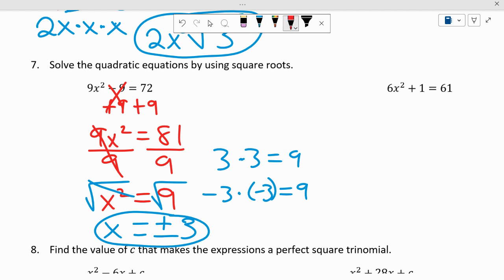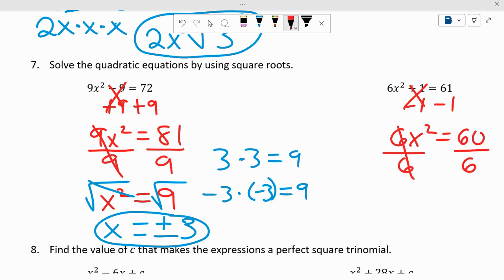And then this one, just because you're going to get a decimal, I'll go through this one as well. Decimals are okay. 61 minus 1 is 60. Divide by 6 both sides. So here, when you take the square root of both sides, 10 is not a perfect square.